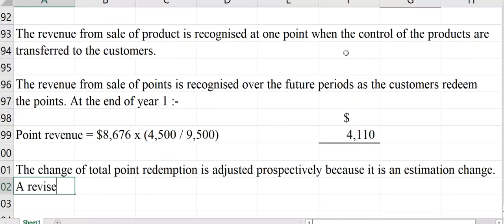A revised redemption is calculated. Okay, I'll revise.